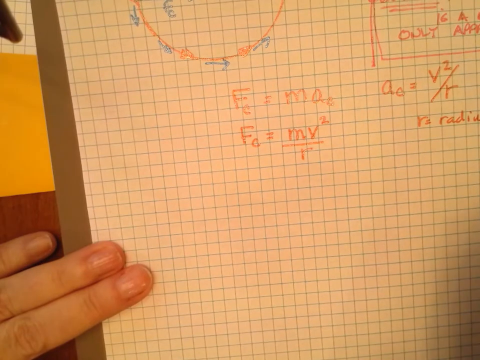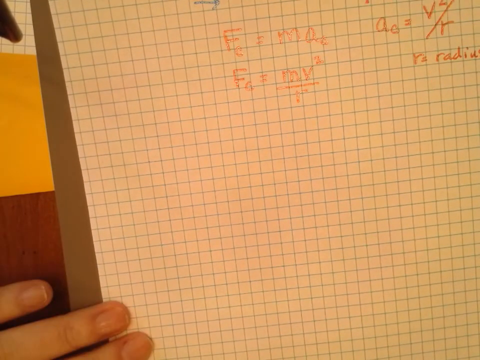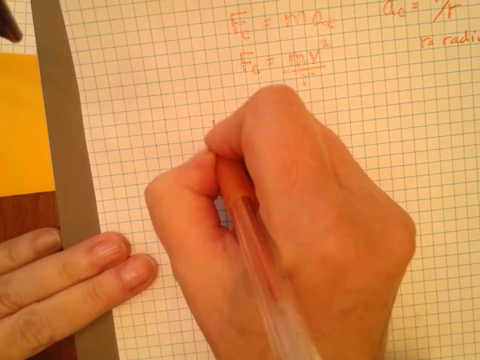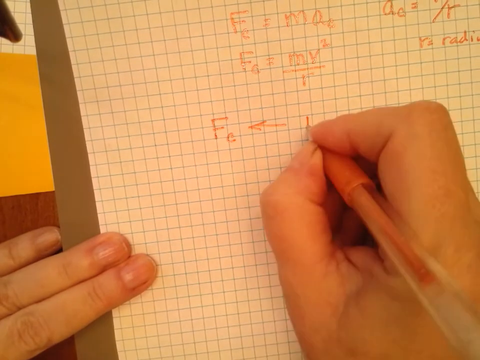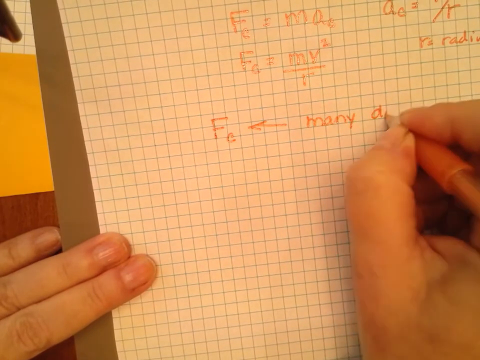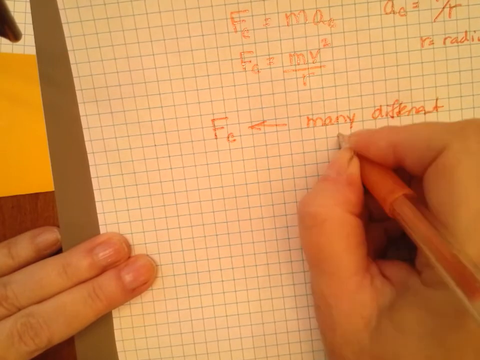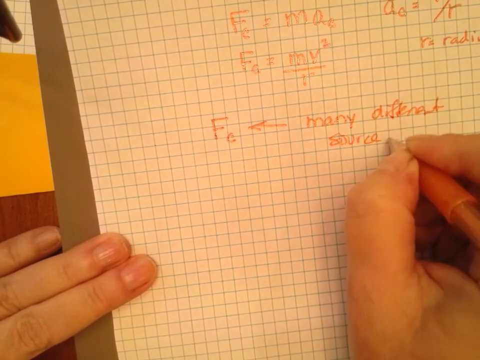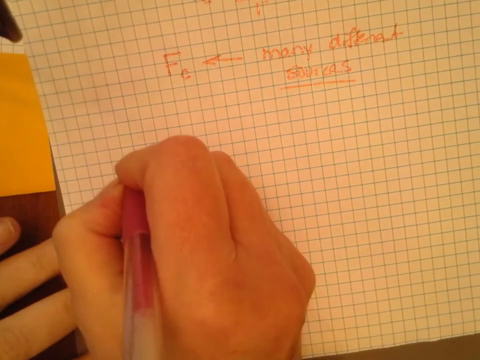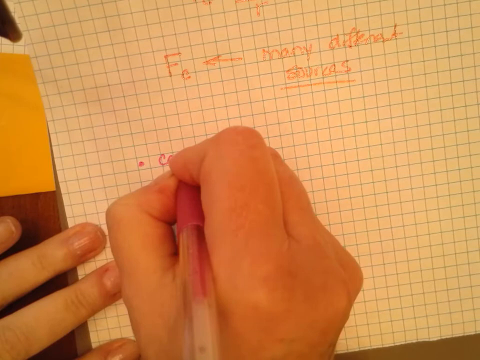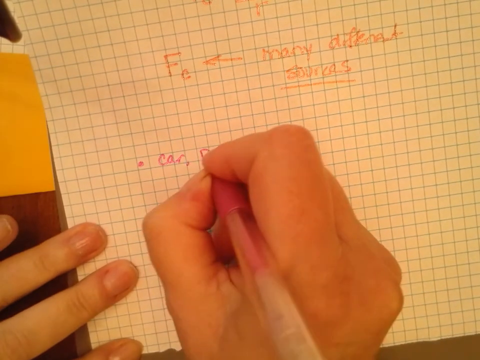And the big thing that you need to remember here is that a centripetal force can come from many different sources. Some examples. A car in a parking lot doing donuts.